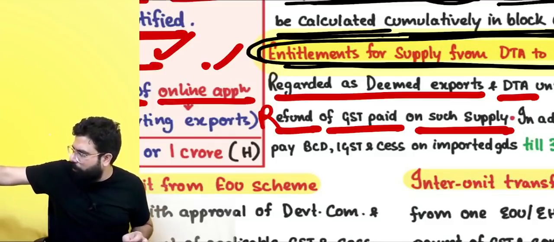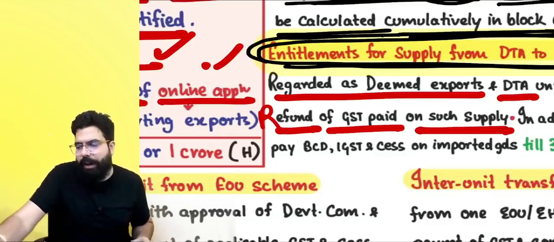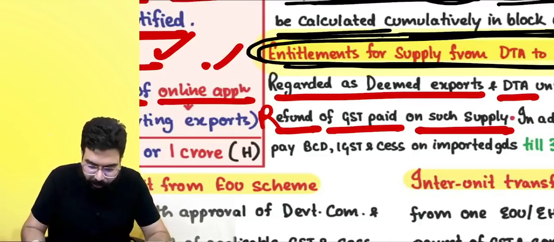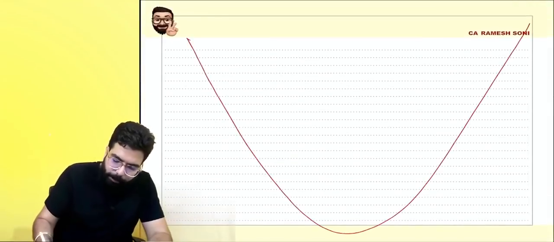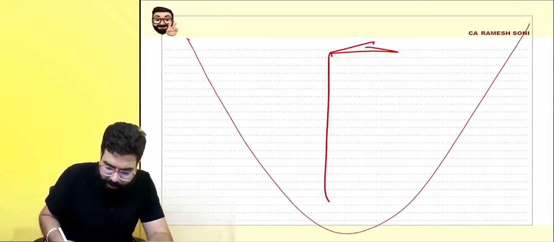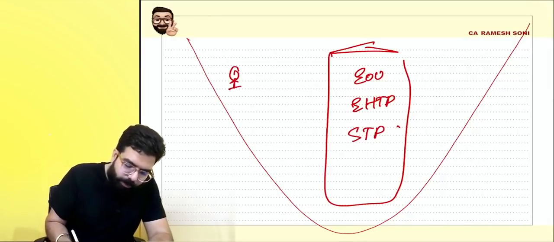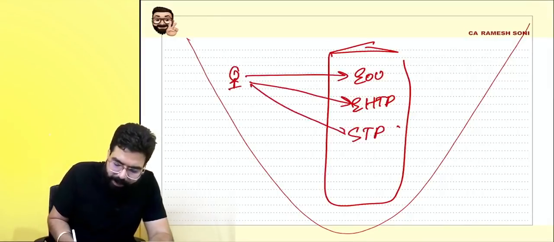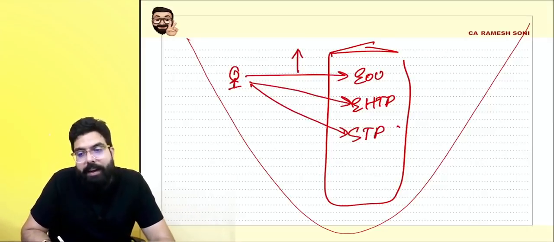So what happens? Whatever GST is being paid on the supply. For an example, everyone listen to me carefully. Whenever one person supplies to an EOU, ESTP, software technology park, that is treated as a deemed export.